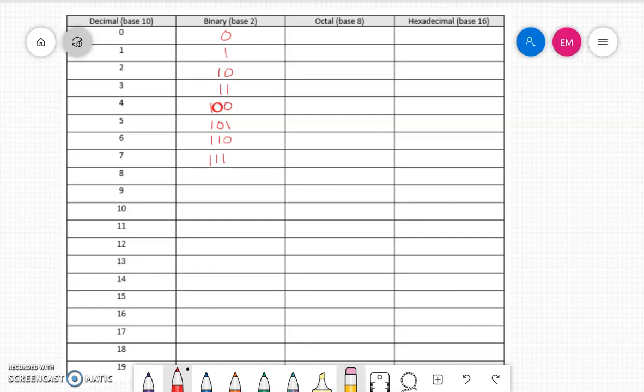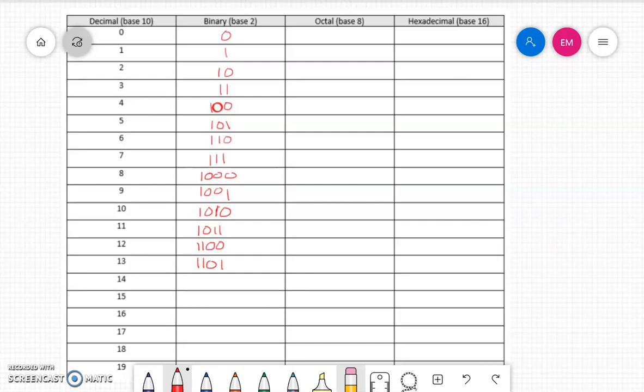And so we have to go to the next place value over, which just happens to be the 8's place value. So it's going to be 1, 0, 0, 0. We reset all of the other ciphers. Then it's 1, 0, 0, 1, 1, 0, 1, 0, 1, 0, 1, 1. Notice how we've run out of ciphers here, so we have to go back here and increment: 1, 1, 0, 0, 1, 1, 0, 1.